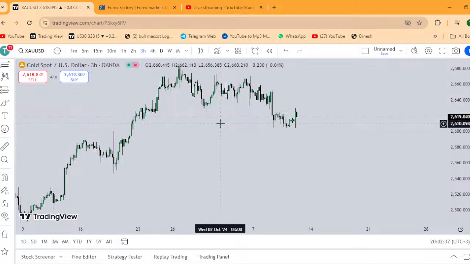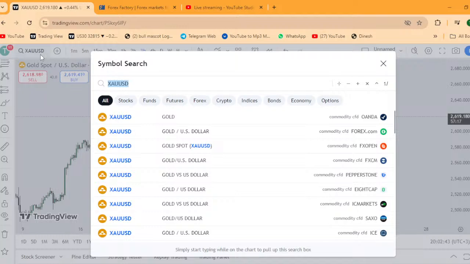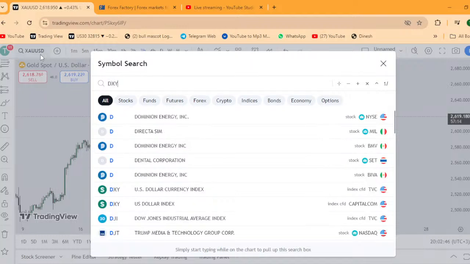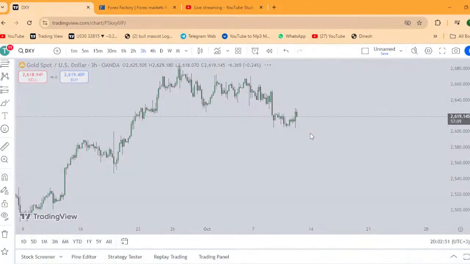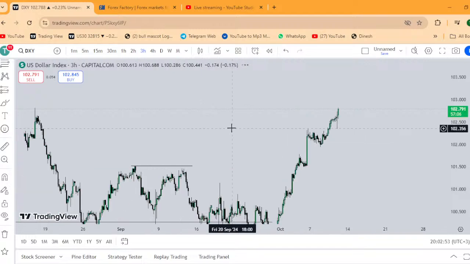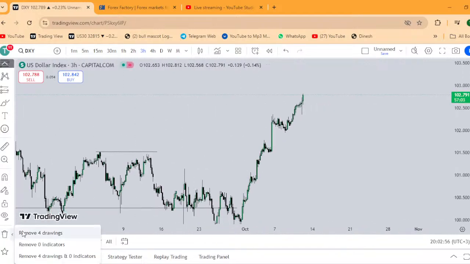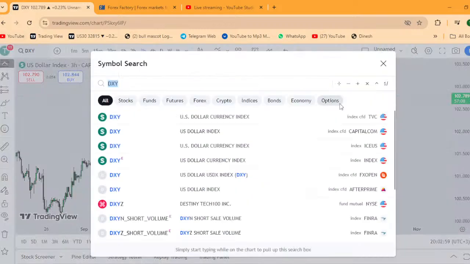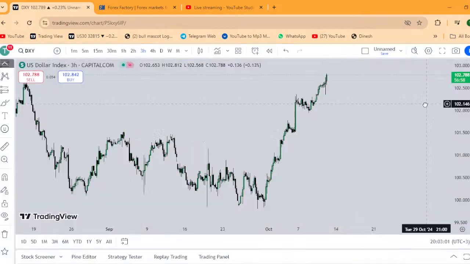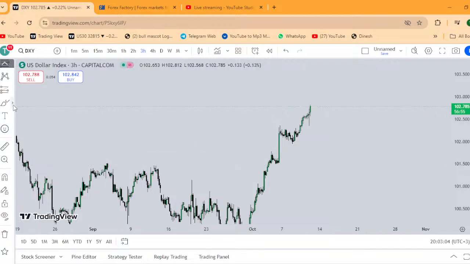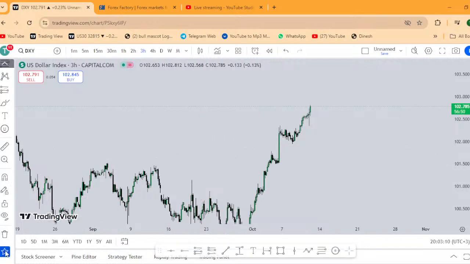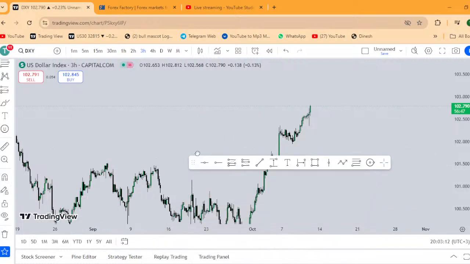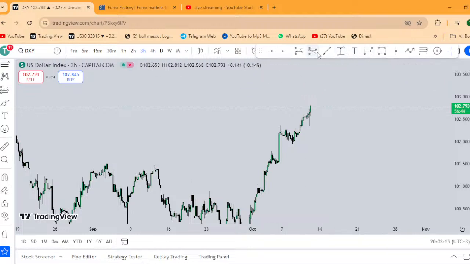Okay, so let me hope you guys are good. Let me first organize my screen so that we don't get disturbed as we are doing our analysis.